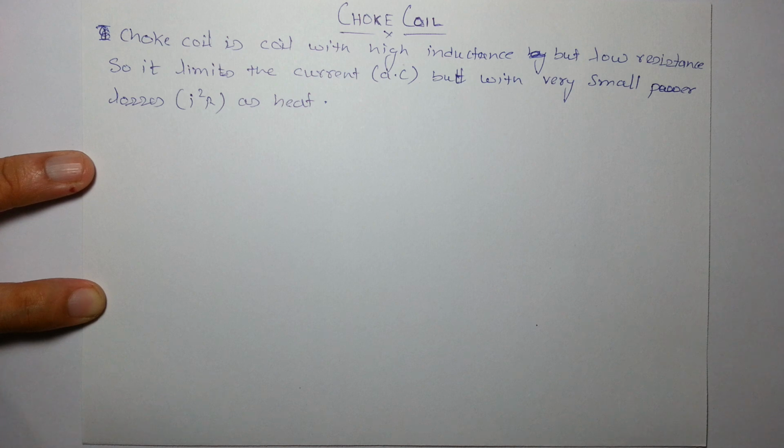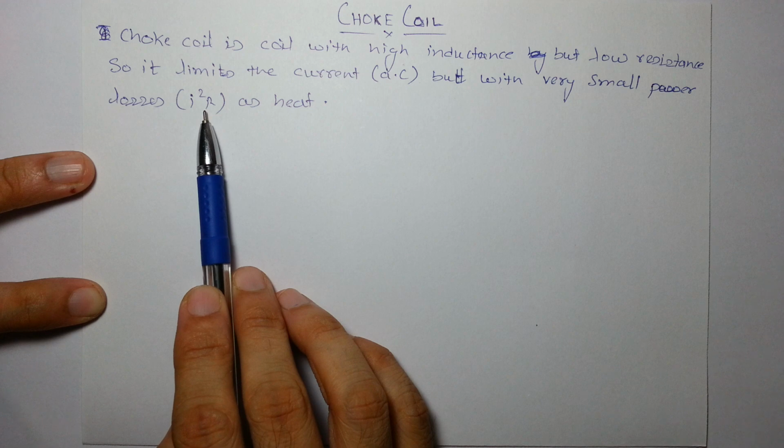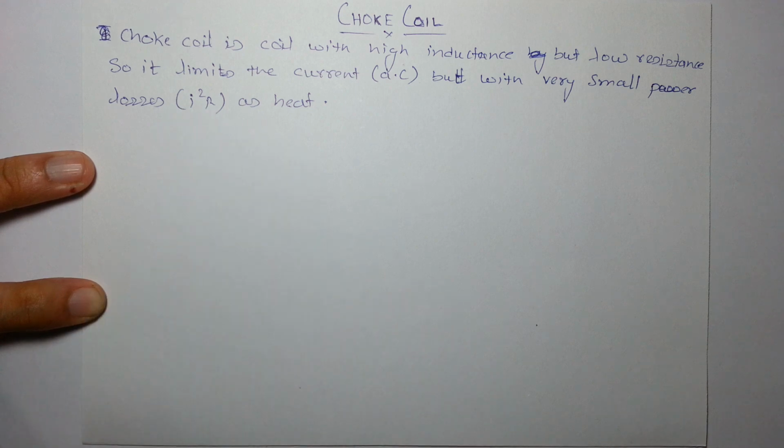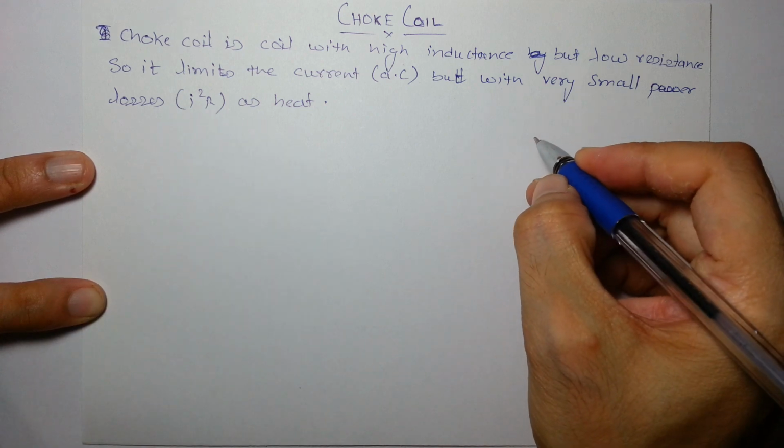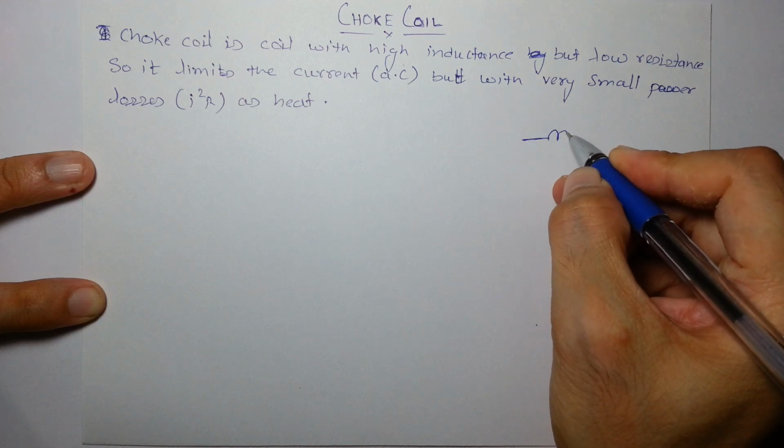So to increase Z, we keep the inductance high, but we keep the resistance low so that power losses are less. So it is basically a coil.